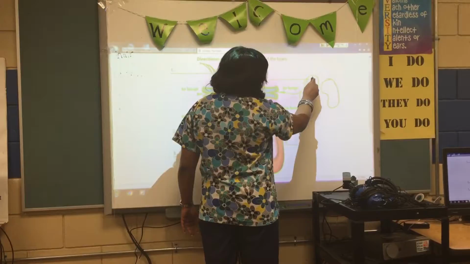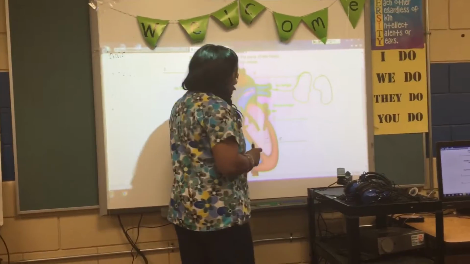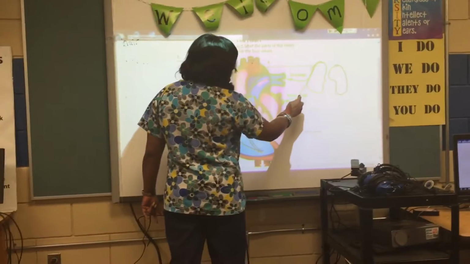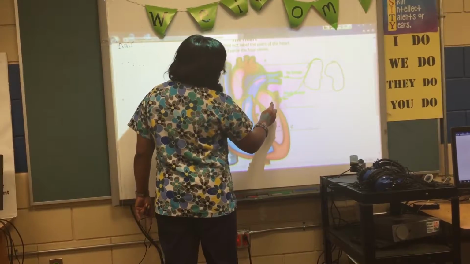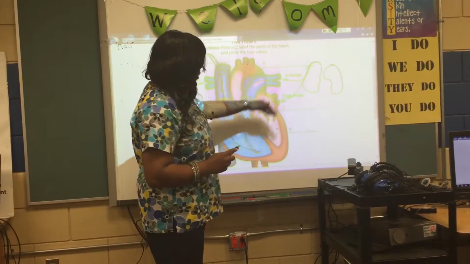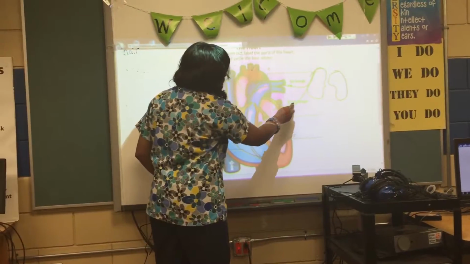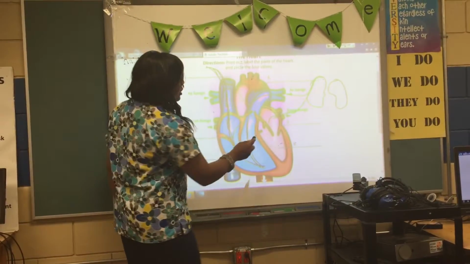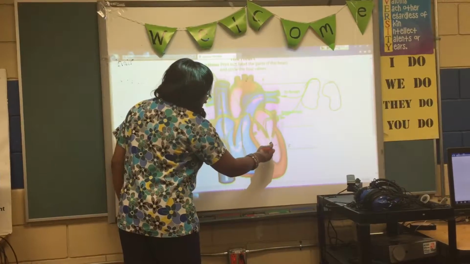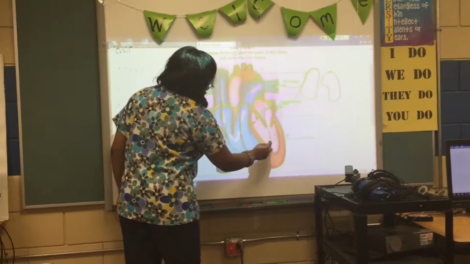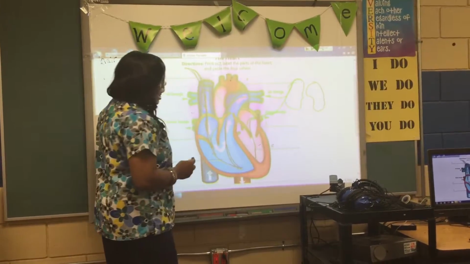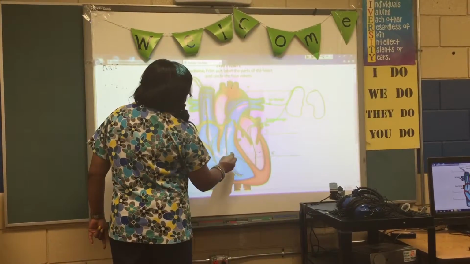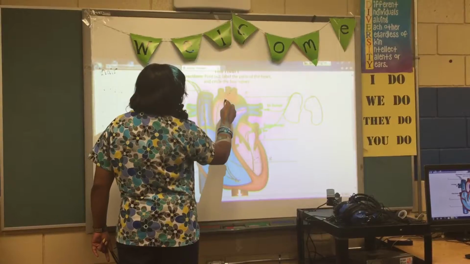Once that blood is replenished by the lungs, it goes back into the left side, which is the left atrium, back down through this valve, then down to the left ventricle, and then back out the aorta.